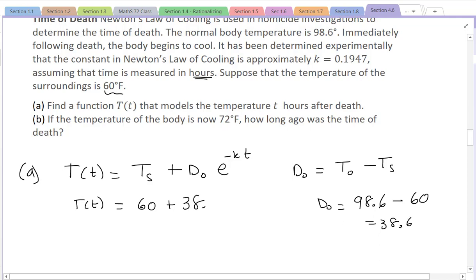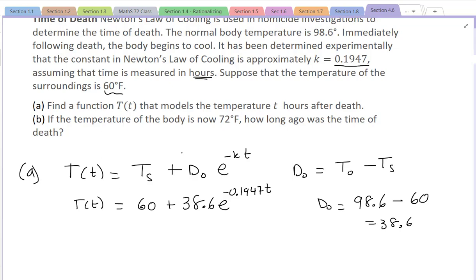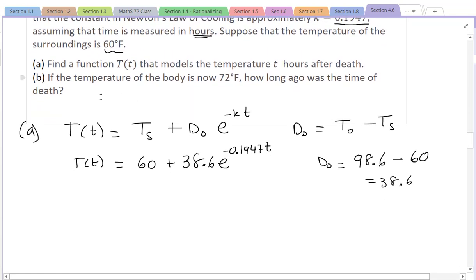So plus 38.6 e to the minus kt, and we're given k as 0.1947. That answers part A. We just want a function with the surrounding environment and the k figured out.